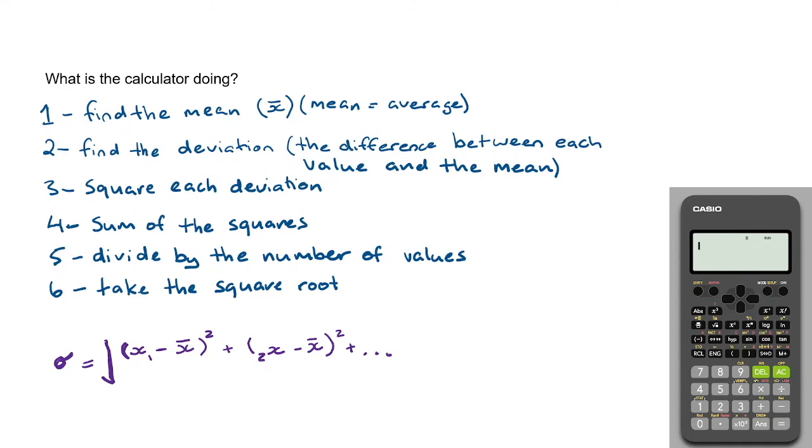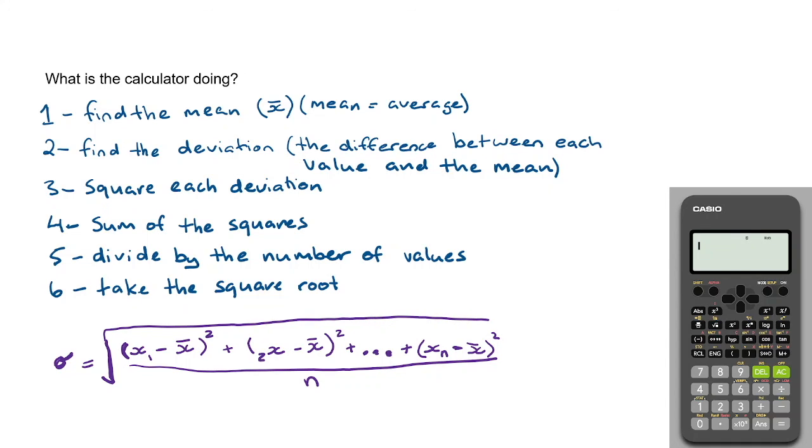Now, this could go on for however many scores you have. So those 3 dots are representing all the scores in the middle. And whichever number score you land on for how many scores there are, that's what that little n means. So the nth x is that last one. And again, we square it. We put it all over the number of scores, and then we find that square root.